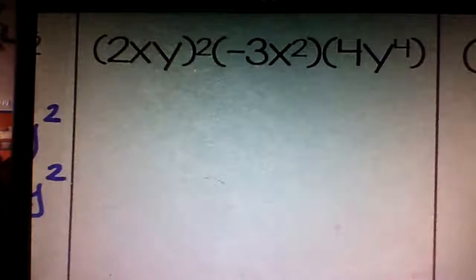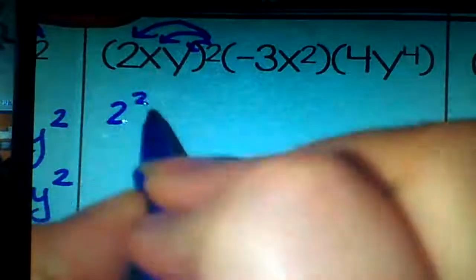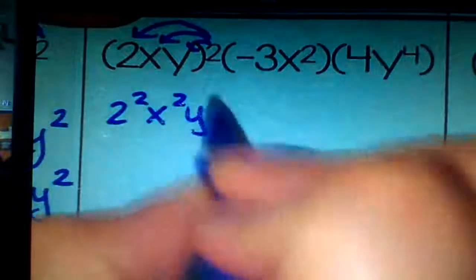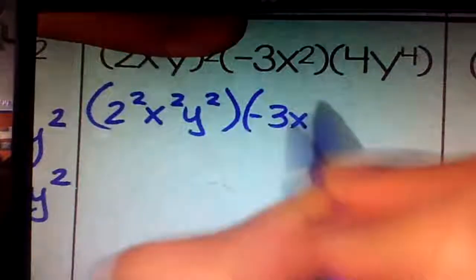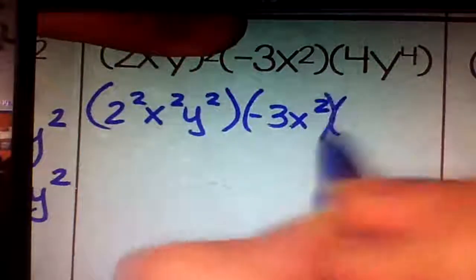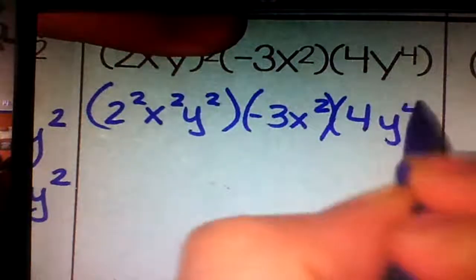What's my first step in this one? Okay. So I need to raise everything to the second power here. So this is 2 to the second, x to the second, y to the second. Okay.